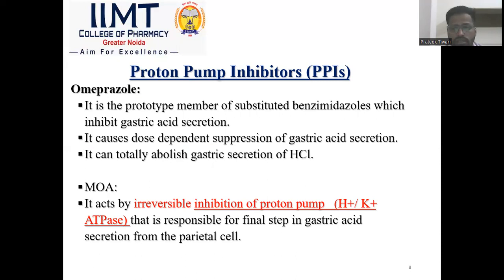That's why proton pump inhibitors are recommended only once a day. In case of emergency, we always prefer proton pump inhibitors, because they directly inhibit the proton pump and give relief. They irreversibly bind to the proton pump, responsible for the final step, and inhibit the final step of gastric acid secretion from the parietal cell.